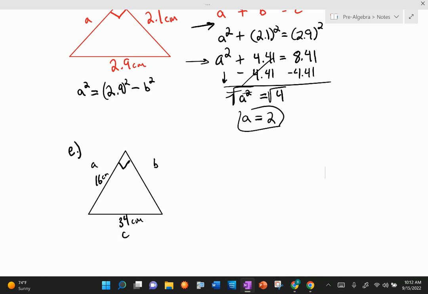Okay, let's check letter E. Here we got A squared plus B squared equals C squared. When we're plugging in, I'd plug in 16 squared plus B squared equals 34 squared.